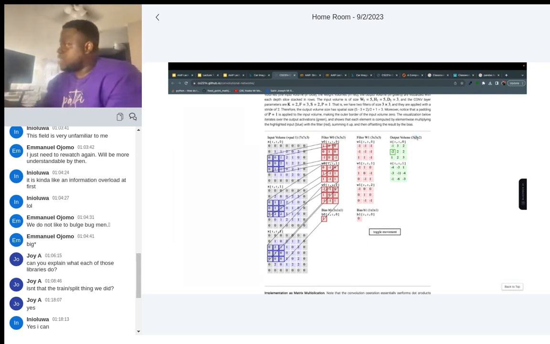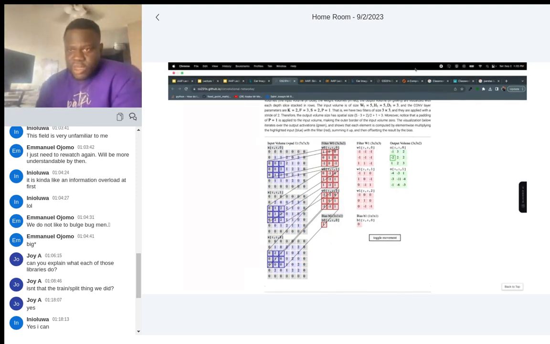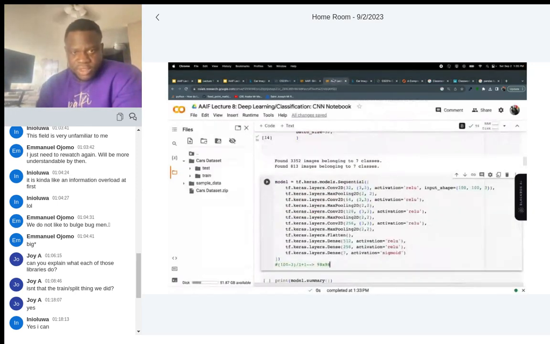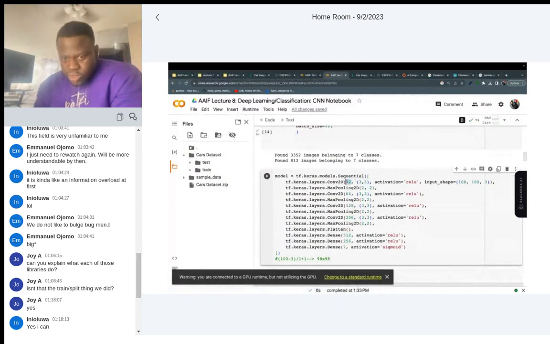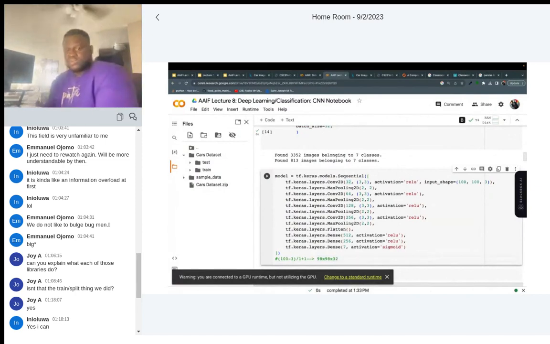Why is it 3 by 3 by 2? Because the total number of weights is 2. That's why we are getting 3 by 3 by 2. The way TensorFlow did it, it is 32. That's the number of outputs. So you are going to get 98 by 98 by 32. Make sense?